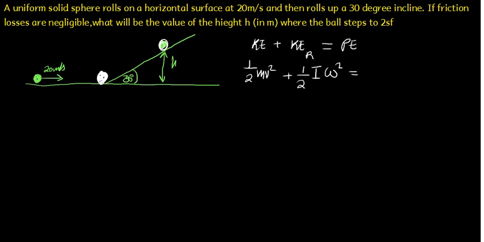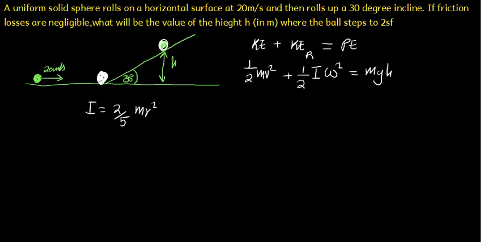And potential energy is given by mass times gravity times height. We don't know the moment of inertia or the angular speed, so we need to substitute. The moment of inertia for a sphere is the constant value 2 over 5 m r squared.